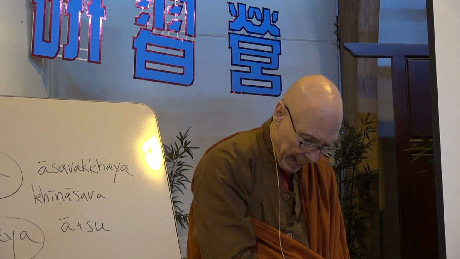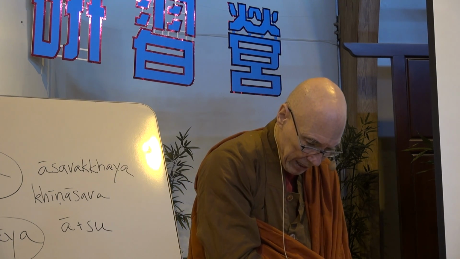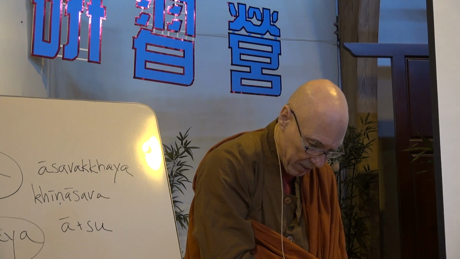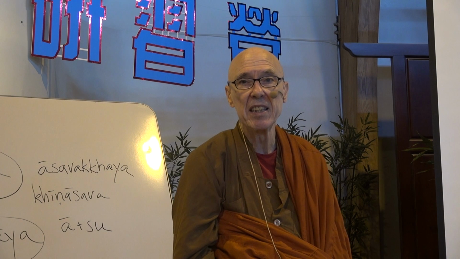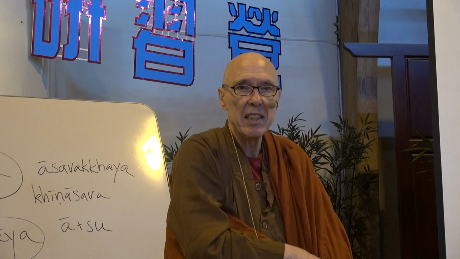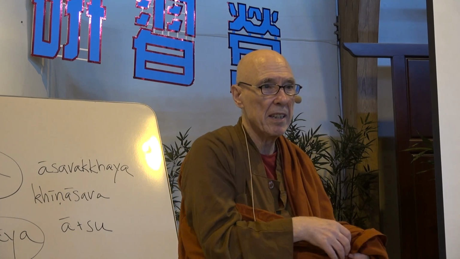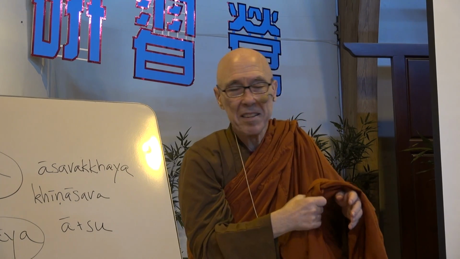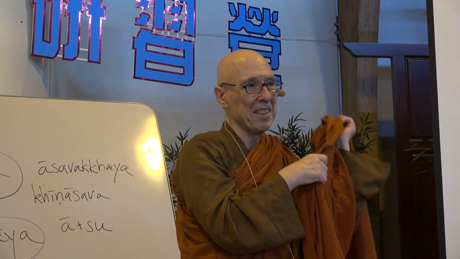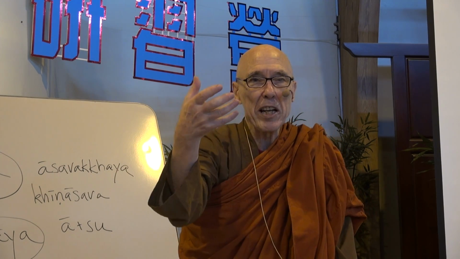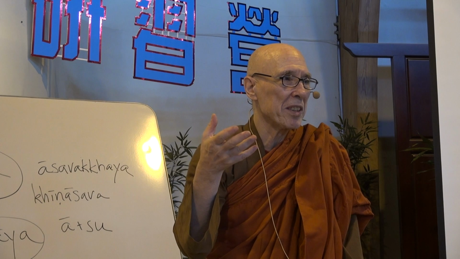Then we have the second asava, the taint of attachment to existence. Which cetasika mental factor will this be a manifestation of? Craving for existence, attachment to existence, what mental factor?